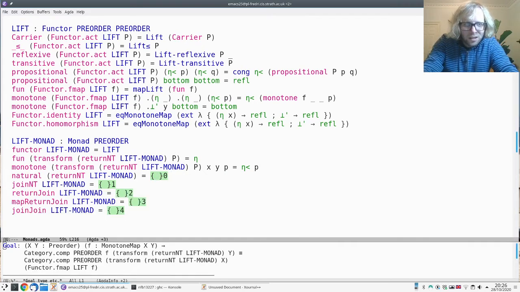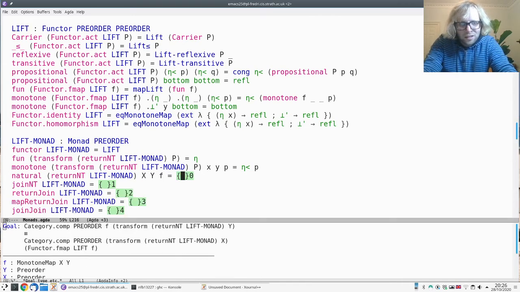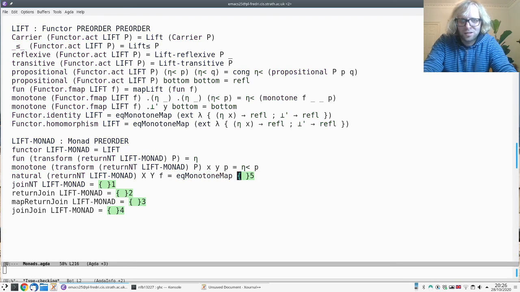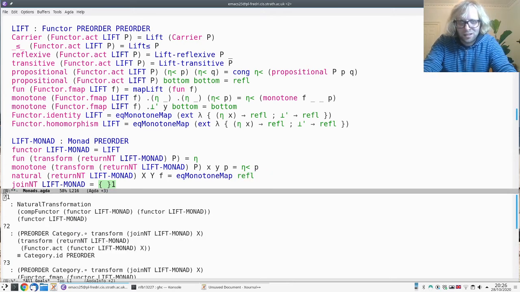Is it natural? Well, let's see. Okay, well, here we have to show that two monotone maps, that is preorder morphisms, are equal. So let's use EQ monotone. Okay, well, this looks like it's just true.